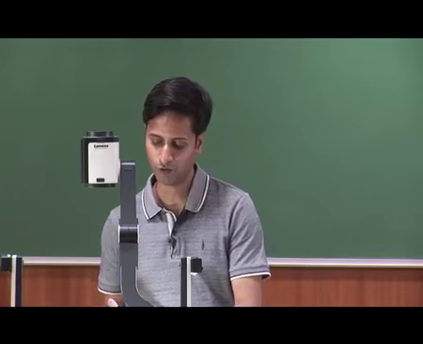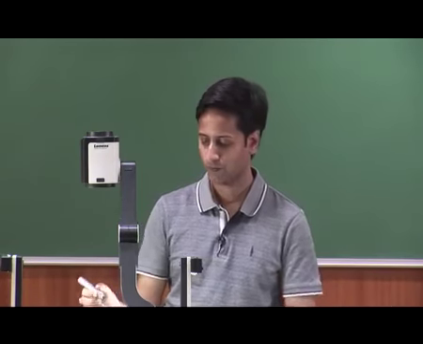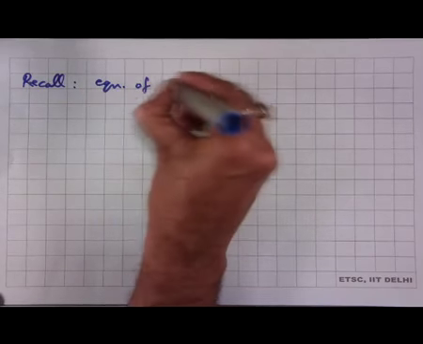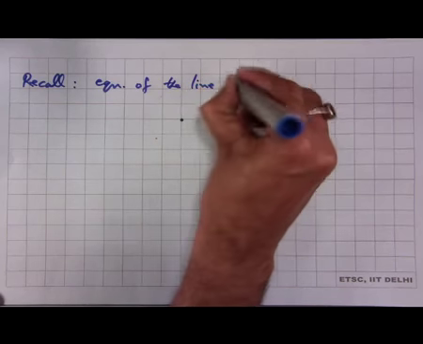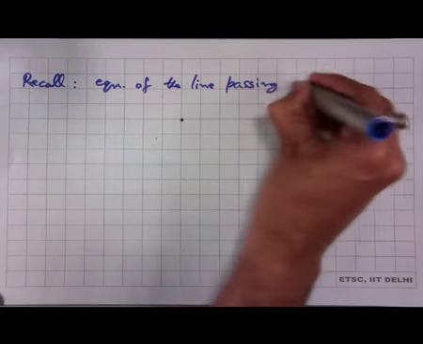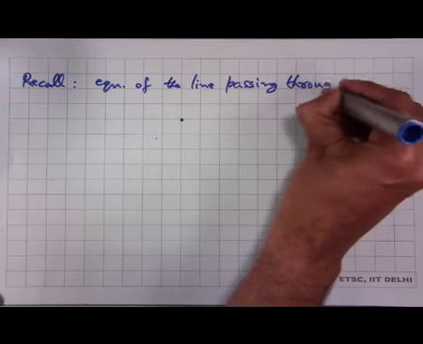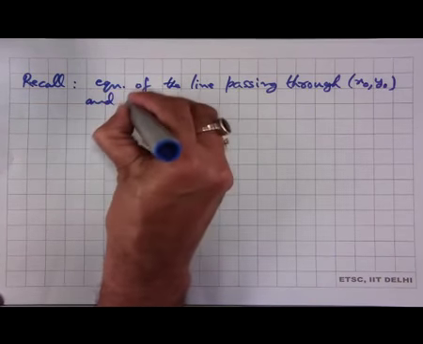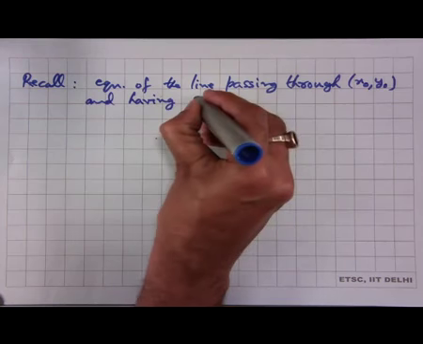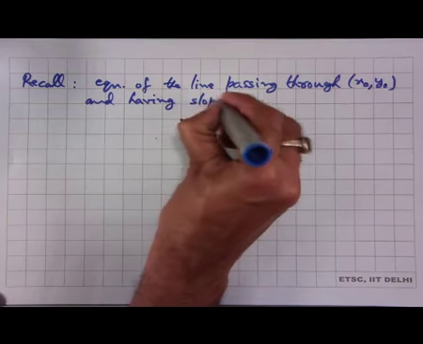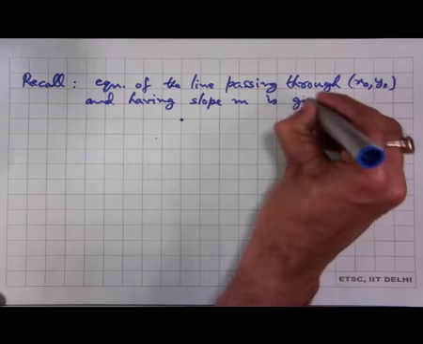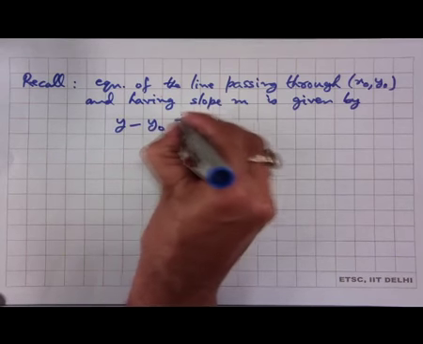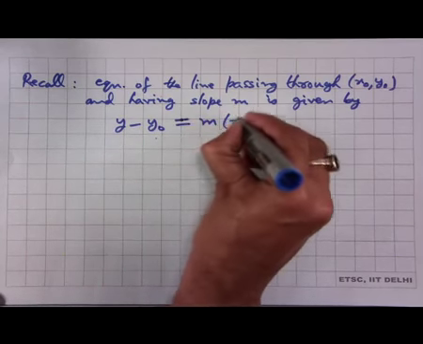Now, to write the equation of the tangent and normal, recall that the equation of the line passing through some point x naught y naught and having slope m is given by y minus y naught is equal to the slope m times x minus x naught.